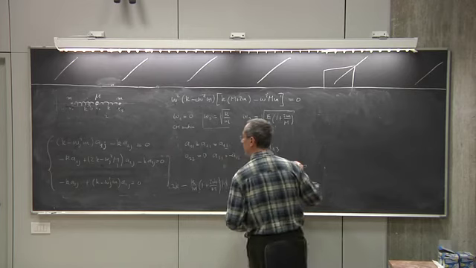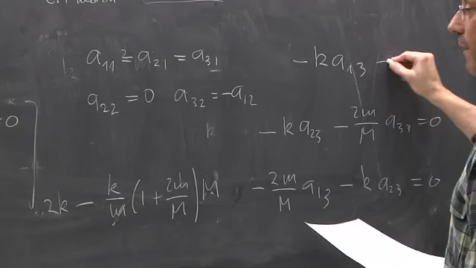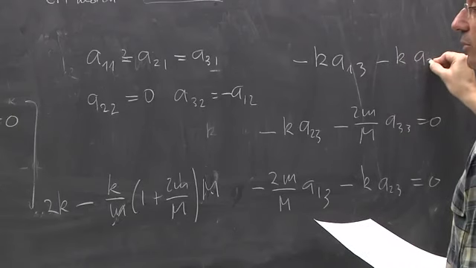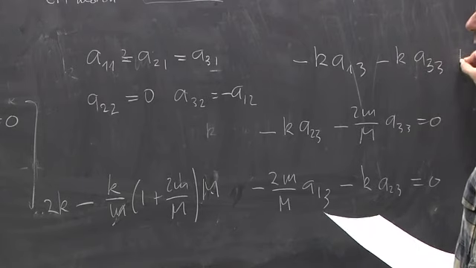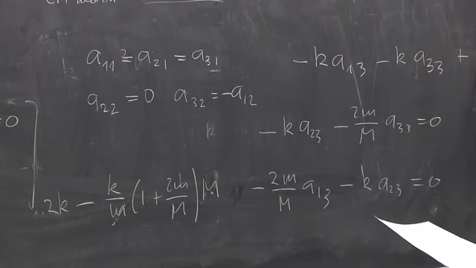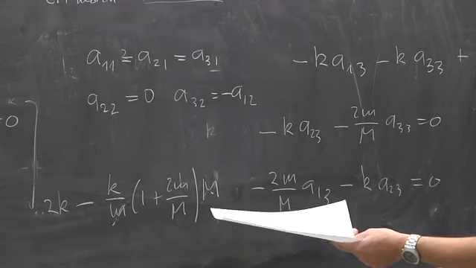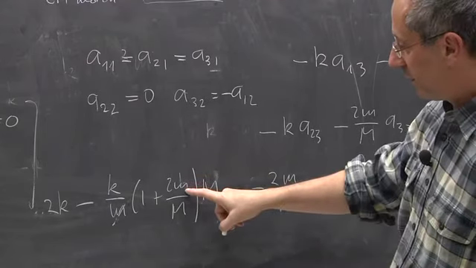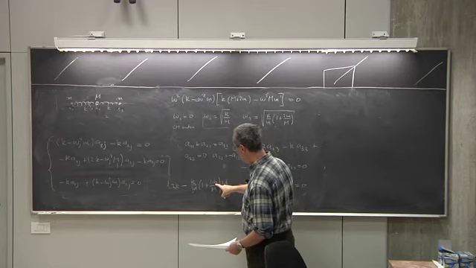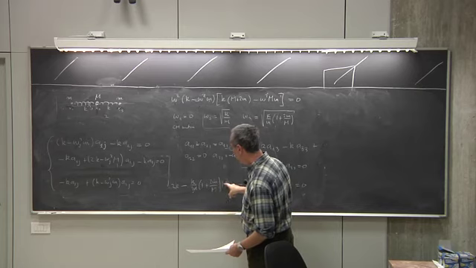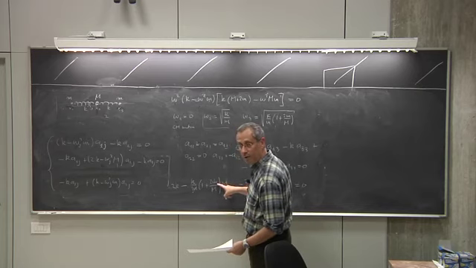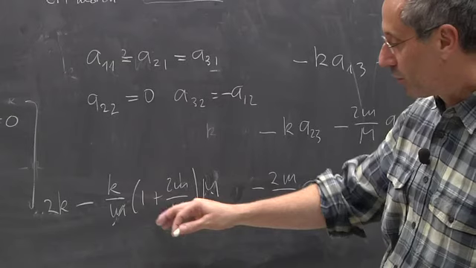So I get minus k A33 plus 2k is this thing. So you see, the 2s cancel, so the minus 2 is gone. Come on, don't give up now.